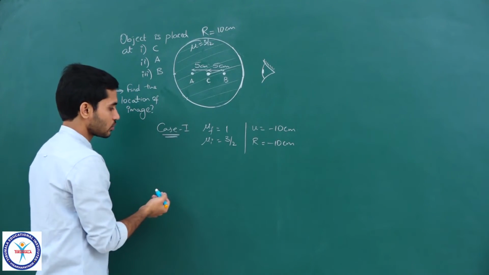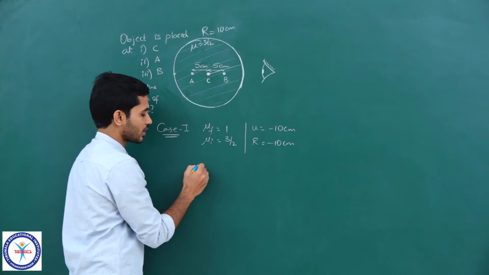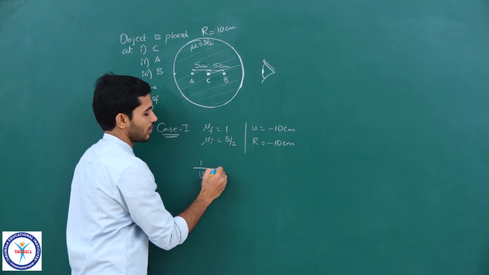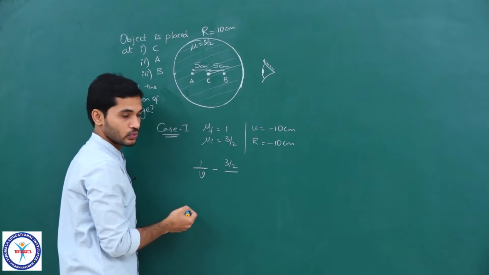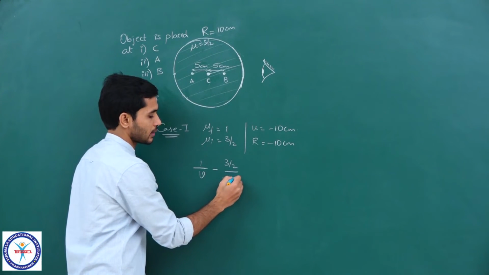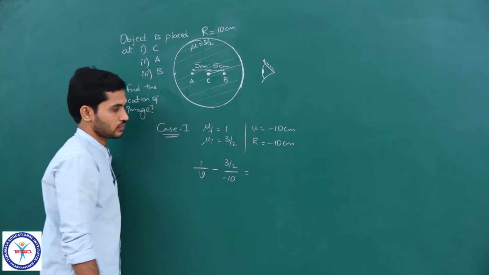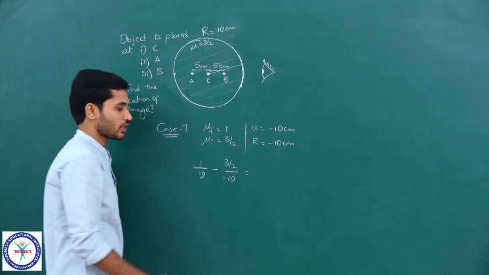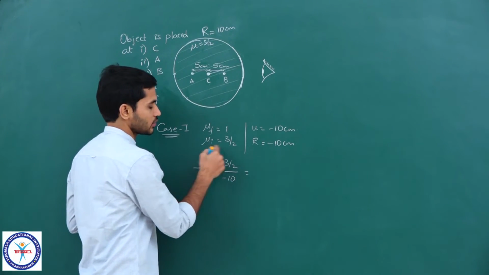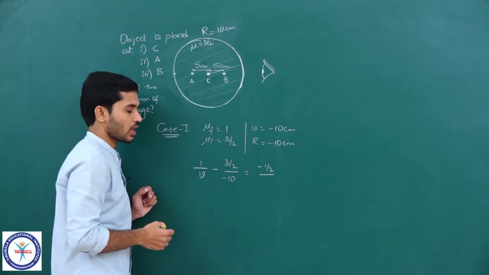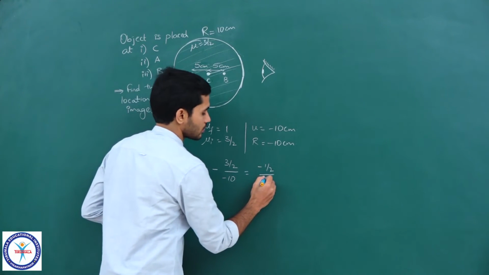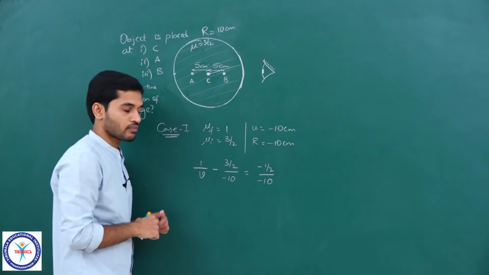Let us substitute this in the formula: mu final by v minus mu initial by u, with u equal to minus 10, is equal to mu final minus mu initial by R. Mu final minus mu initial is minus 1/2, divided by R. What is R? R is minus 10, correct.